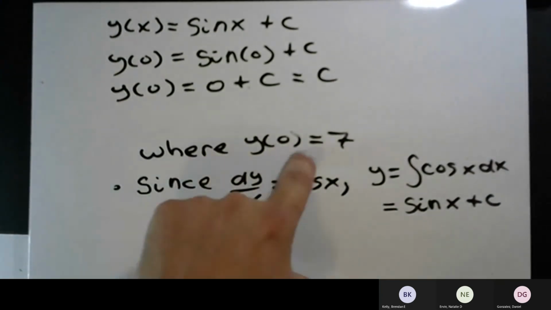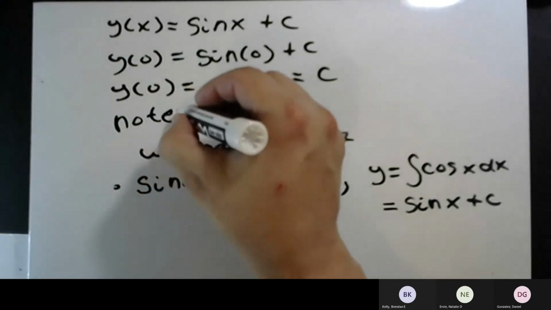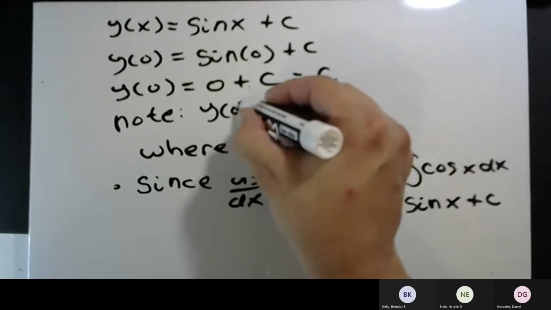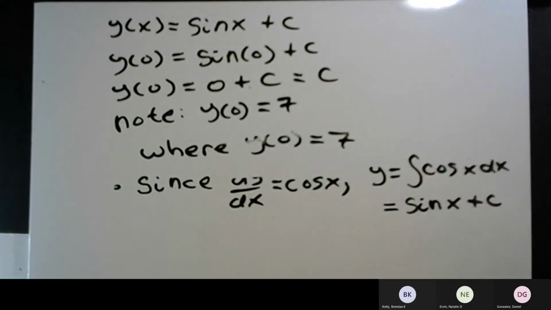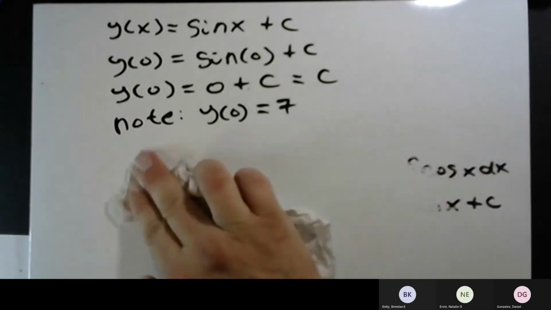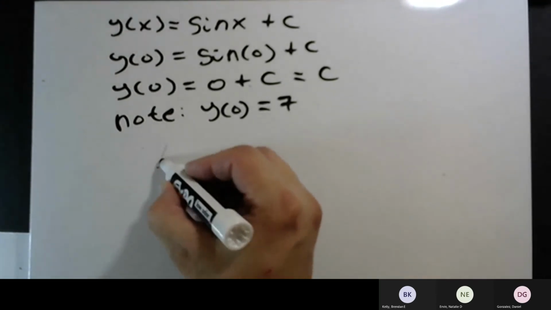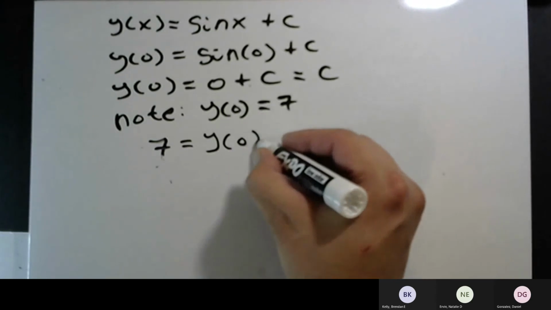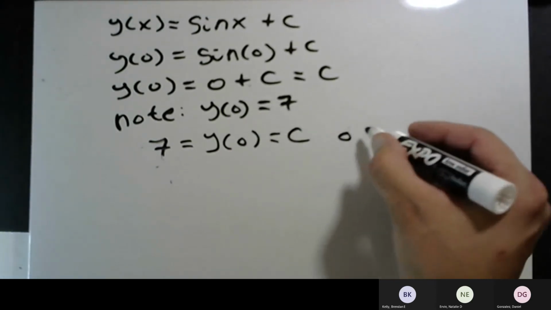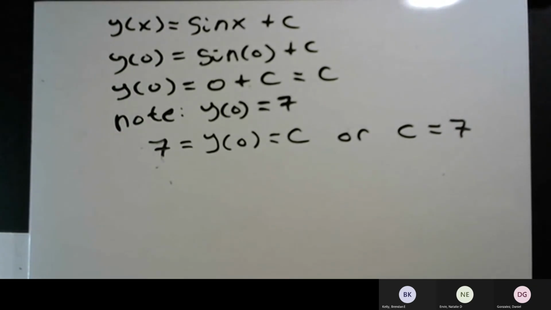Now let's not forget, we were told y of 0 is equal to 7. So this means 7, which is y of 0 equals c, or c is equal to 7.